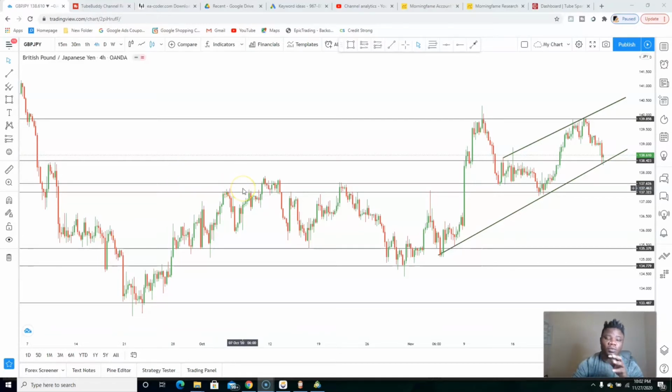Because if you want to become successful when it comes to Forex trading, you have to understand the basics first. You have to be able to understand how to draw and use support and resistance, including trend lines. So basically, in a nutshell, you have to be able to do your own technical analysis.